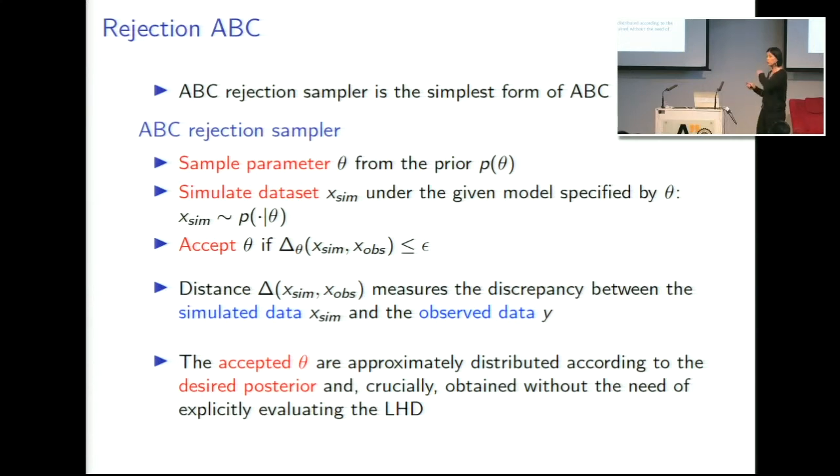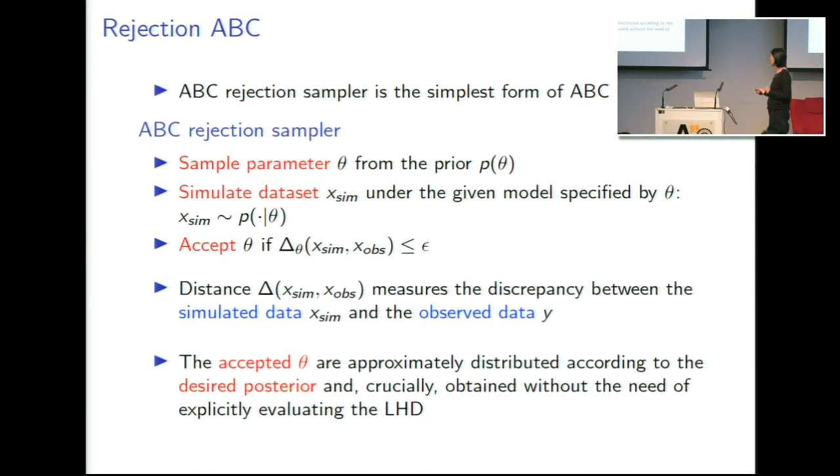So here's the pseudocode of the cartoon that I just showed you. This is how it works. We first sample a value of the parameter from the prior distribution. Then we forward simulate from the model some simulated data. And this can be done despite the model not being available analytically.